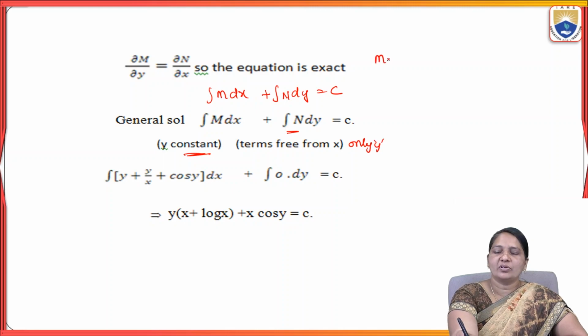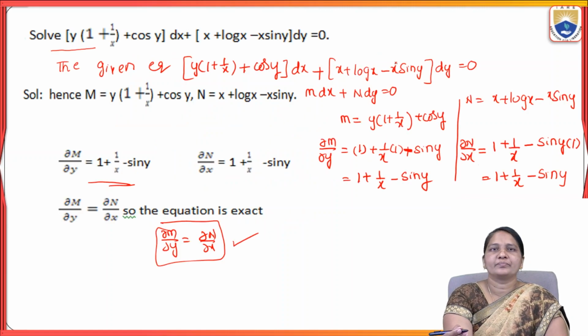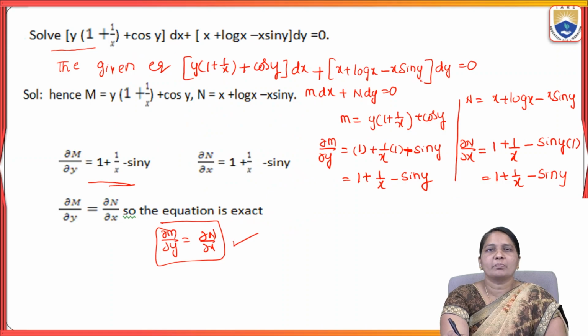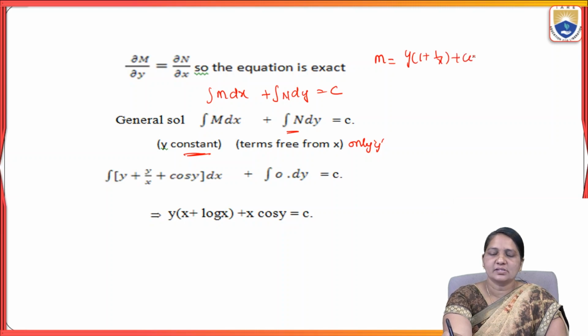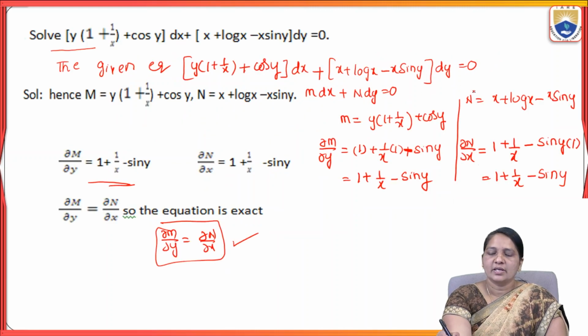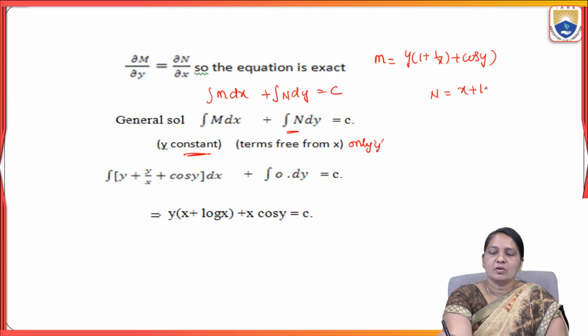M value is y into 1 plus 1 by x, plus cos y. And the N value is x plus log x minus x sin y.